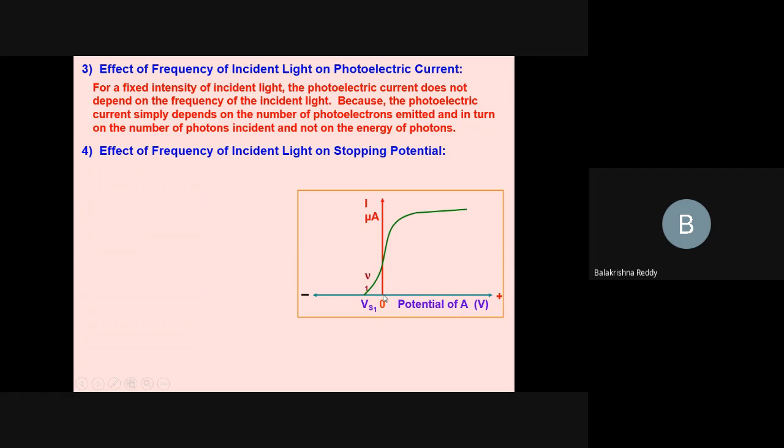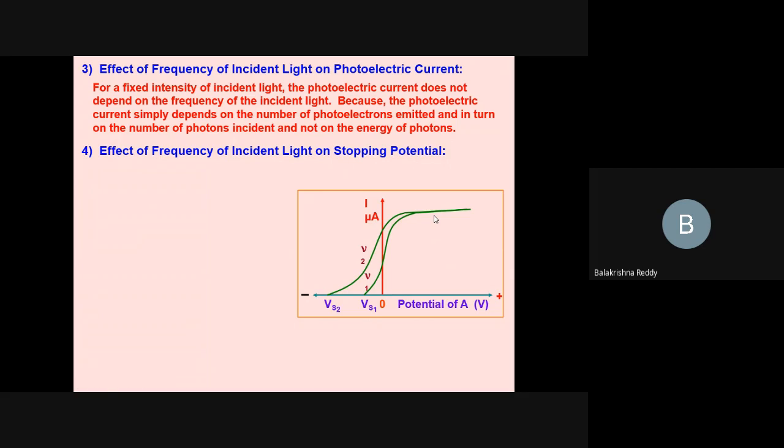If I increase the frequency from 100 to 500 Hz, then what happens? My stopping potential changes from this position to this position. But the saturation point of photoelectric current remains constant.